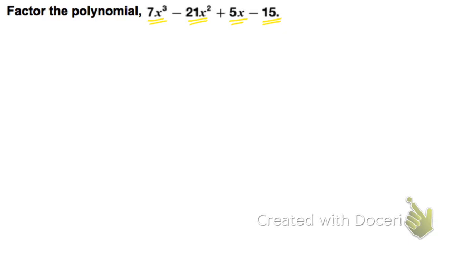So what you want to do is start to look at maybe 2 at a time. For instance, if I look at these 2 terms, 7 and 21, is there anything I can factor out? Yeah, I can divide them both by 7. Or, excuse me, these 2 terms, 5 and 15, is there anything I can factor out of those?